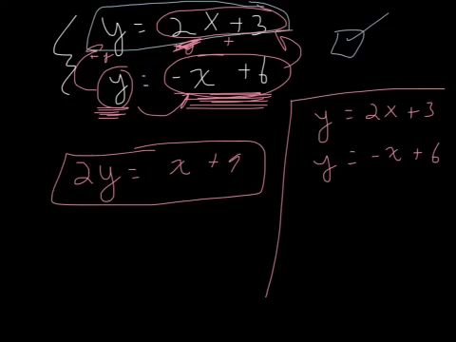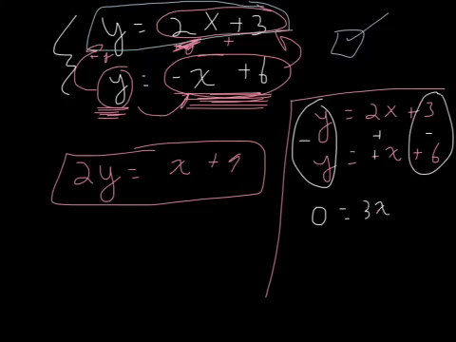The reason I'm going to subtract here is because it's going to get rid of a variable. The other name for this method is elimination, because when I combine the equations, I'm going to eliminate a variable. So I have y minus y, which is 0, and then I have 2x minus minus x, which turns into a plus, so 3x, and then I have 3 minus 6, which is minus 3.